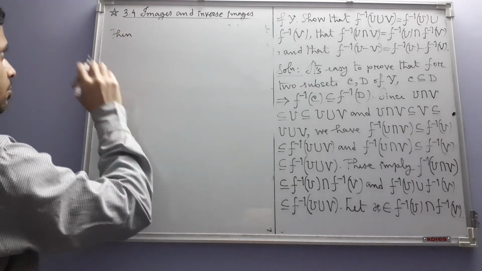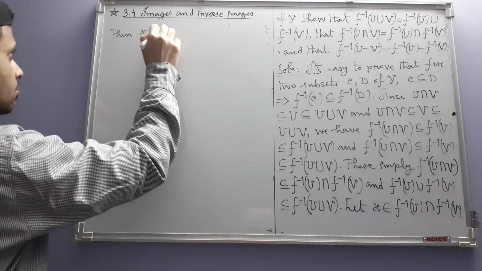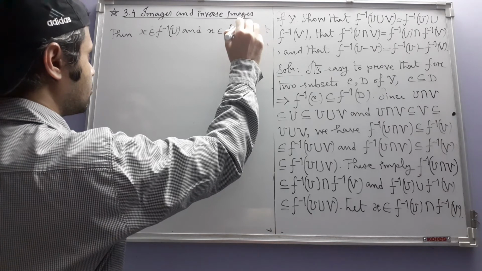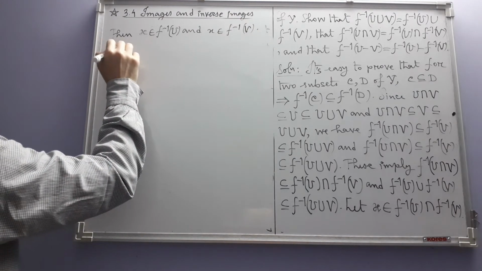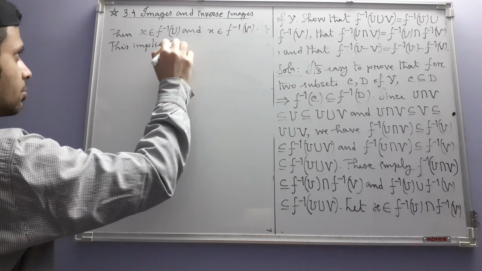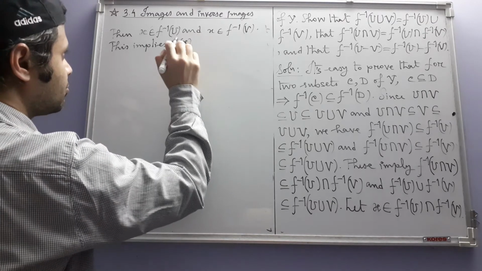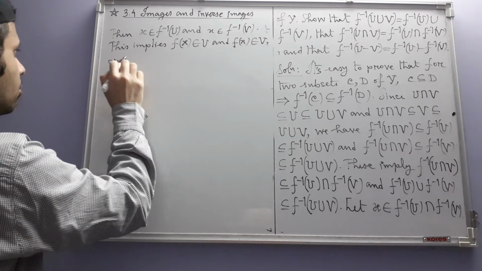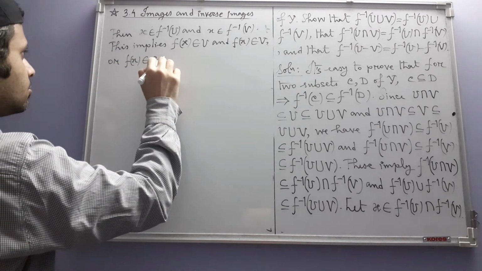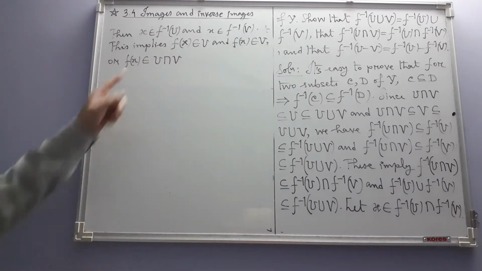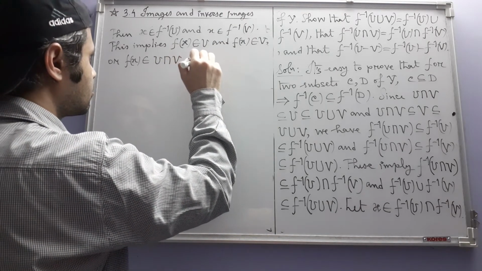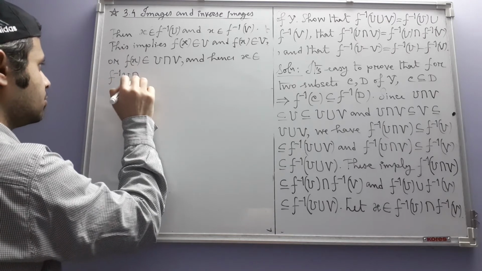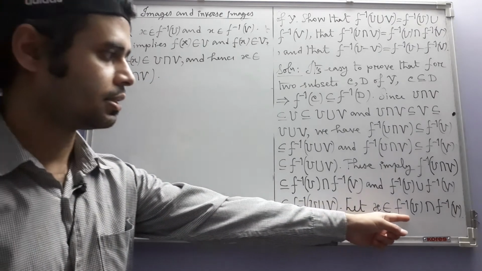Then X belongs to F inverse of U and X belongs to F inverse of V. This implies, by the definition of inverse image of a set, Fx belongs to U and Fx belongs to V, or Fx belongs to U intersection V, because it belongs to both the sets, and hence X belongs to F inverse of U intersection V. So any element in this set is also in this set.